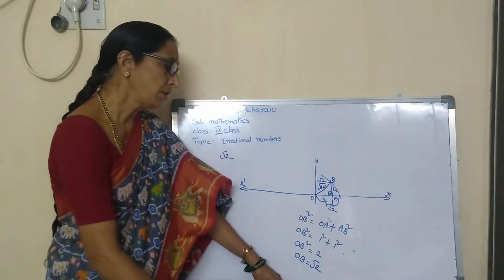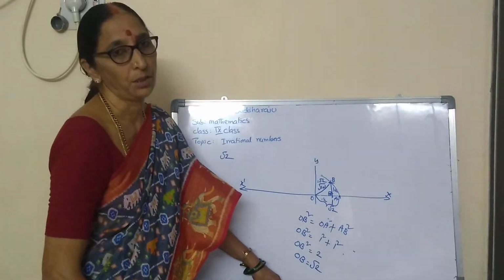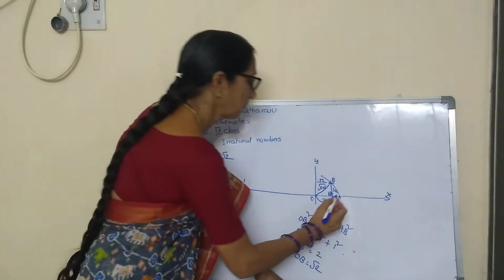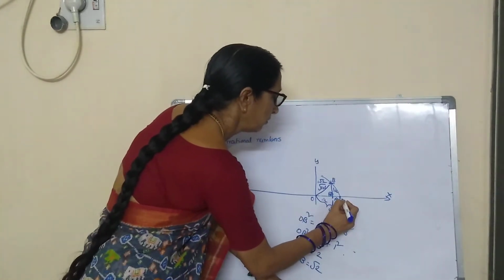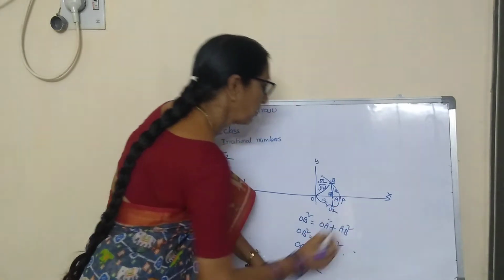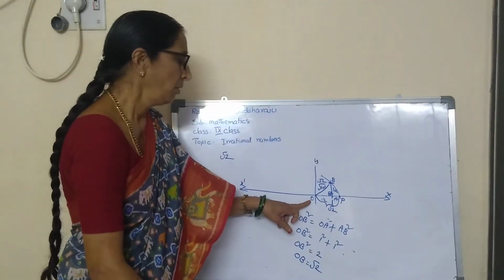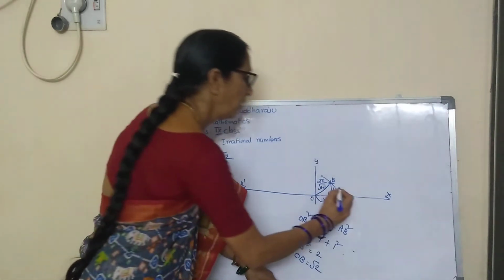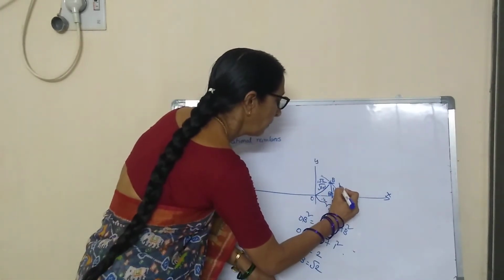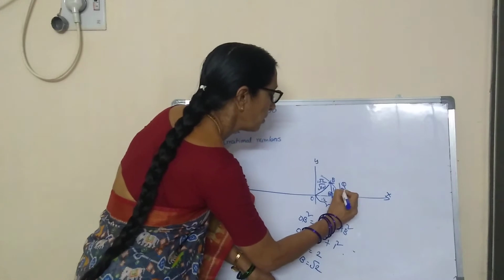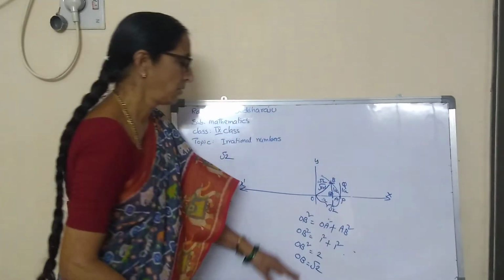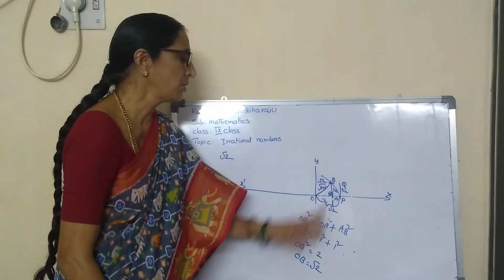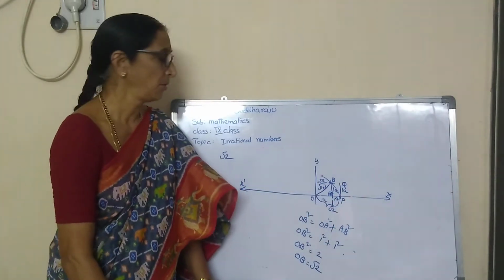Now, how can we find root 3? OP is root 2 and PQ is 1 unit.